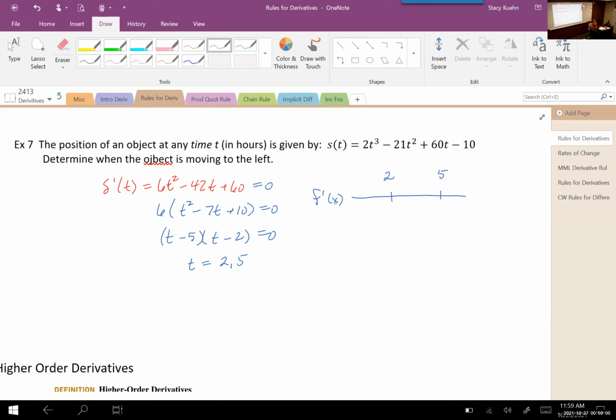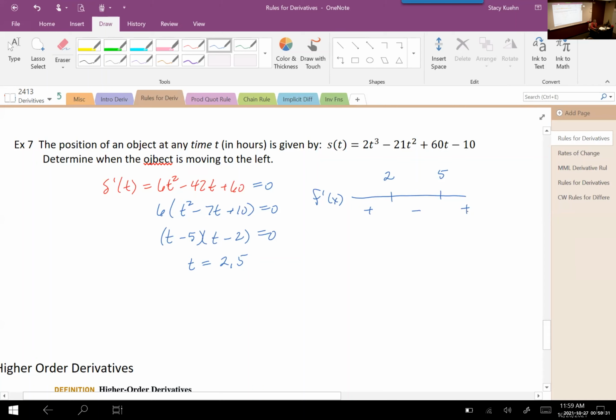Just positive versus negative. Positive. Between 2 and 5, I'm going to get negative. And to the right, I'm going to get positive.